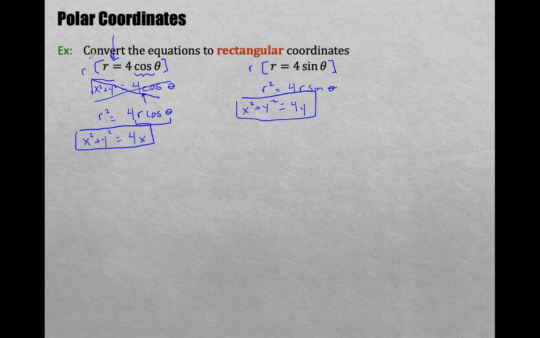This problem, if I just said convert, you are done. But what if I asked you to identify? Or you were doing matching, okay? So, from Algebra 1, you got everybody over onto one side, and then you had to complete the square.